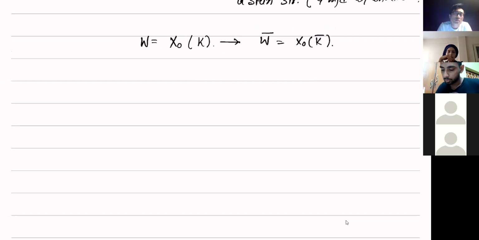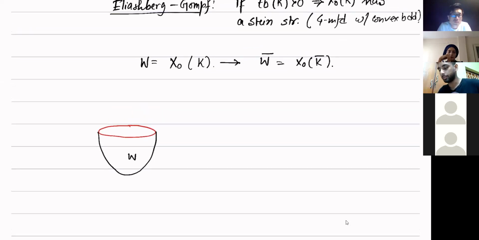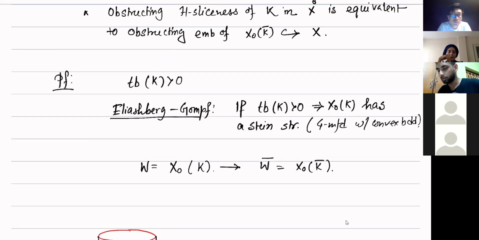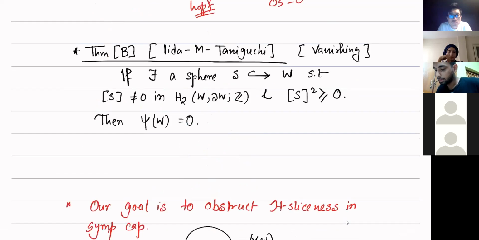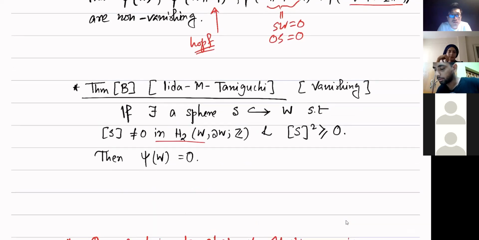So first of all, here is a small ambiguity. Let me say this clearly. This is my W, and this is the boundary. But notice, one thing I should go back to in the previous case: here we need something in the relative homology.